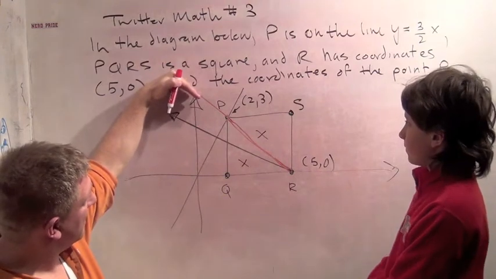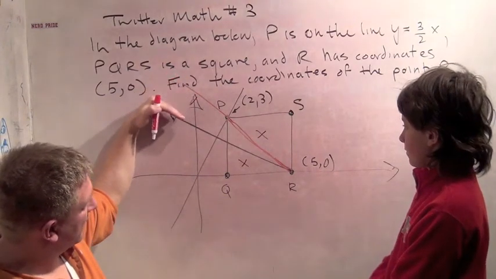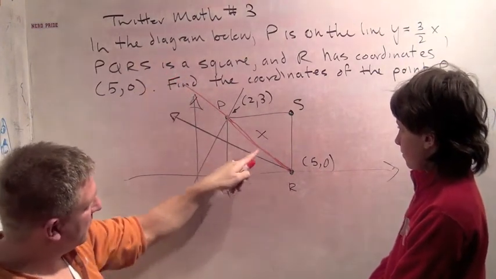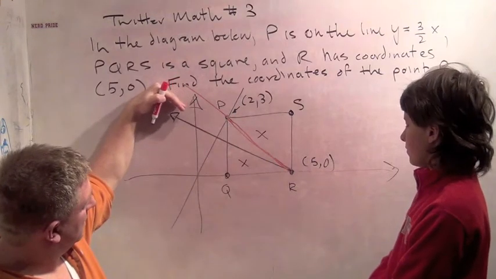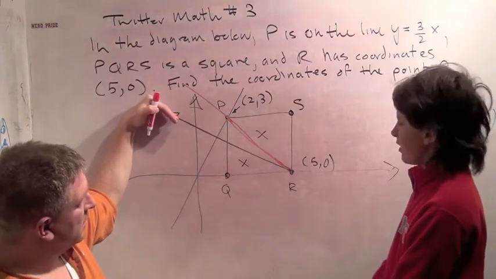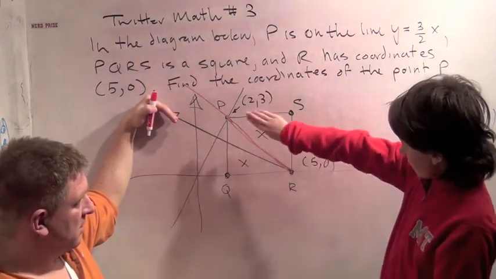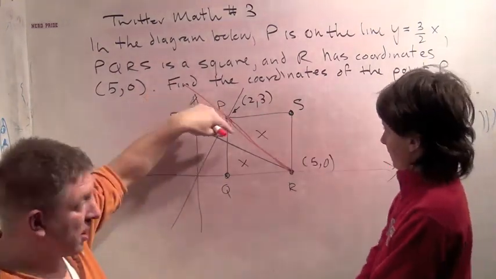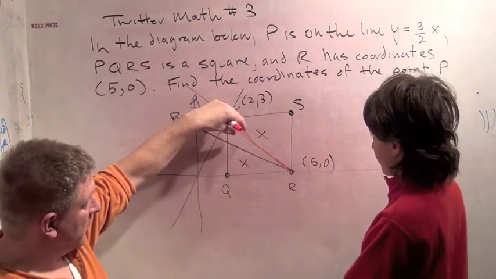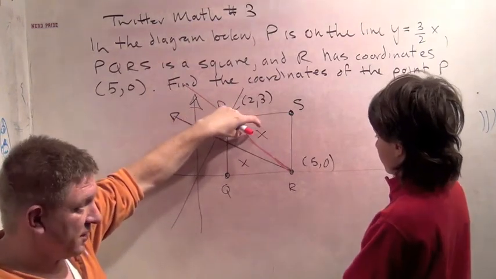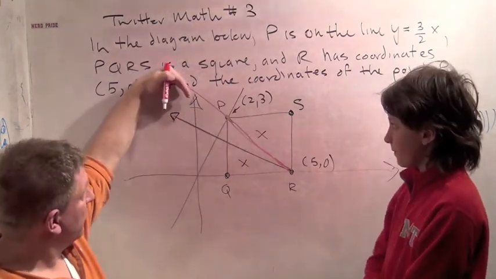Now, when I shift this line down here, like to here, could these pieces ever be equal again? I don't think so. Why not? Because one of them is a triangle and one of them is a quadrilateral. Well, the area of a triangle could be equal to the area of a quadrilateral. That's not the problem.